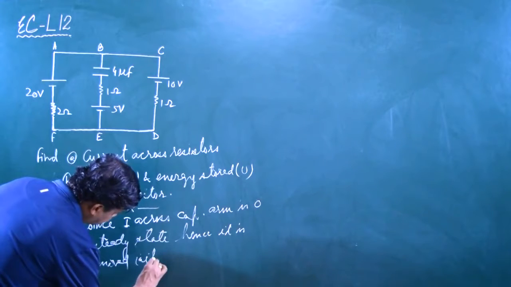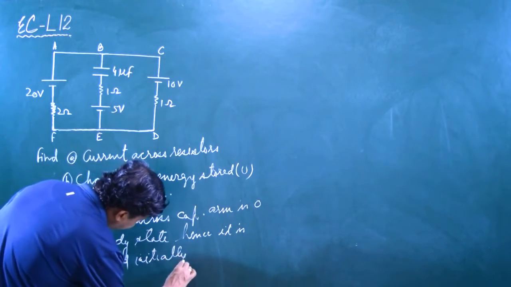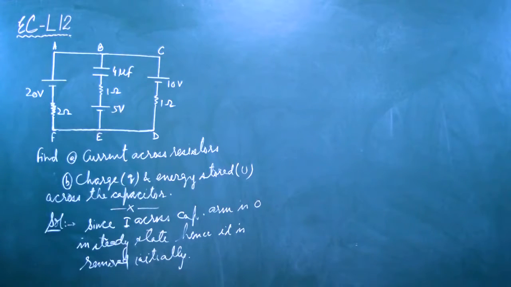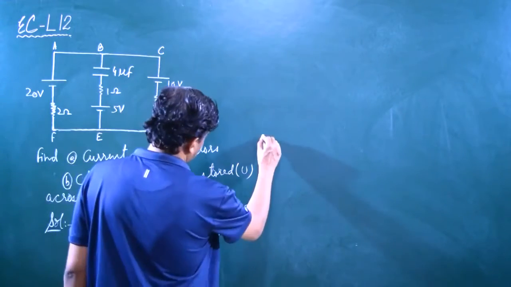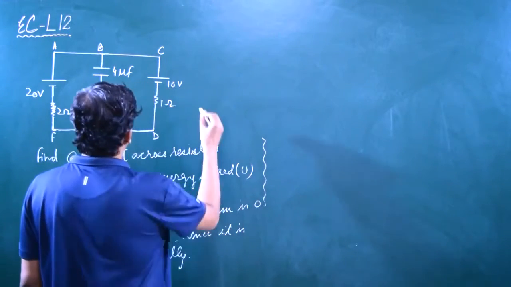First of all, what do we do with it? We remove it. It is removed initially. Now removing the capacitor arm, what will be the circuit now?